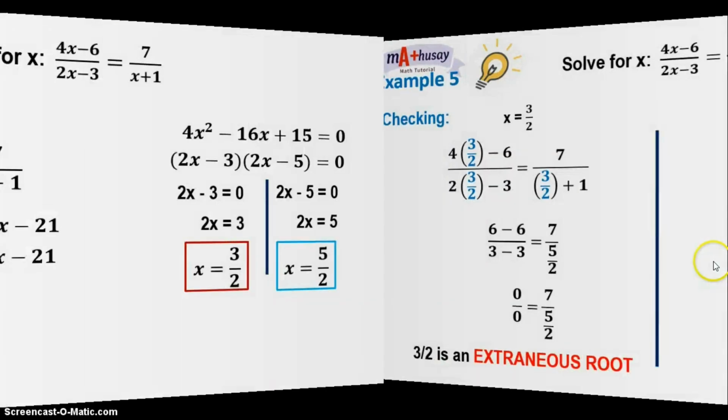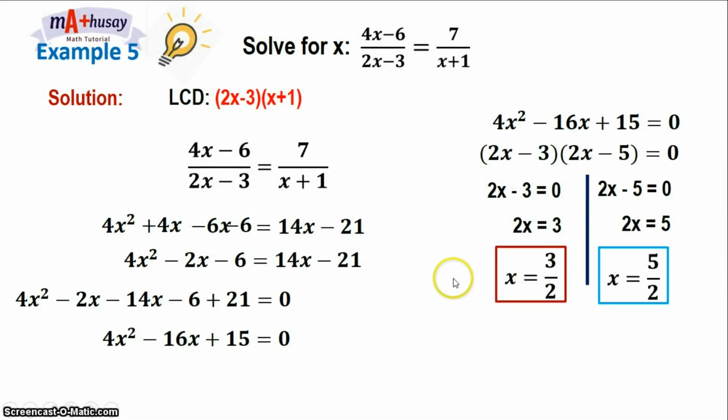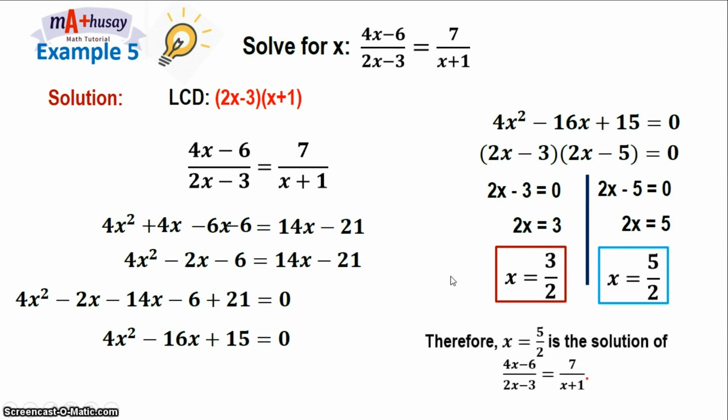So, going back to our problem kanina, ang solution ng rational equation na 4x minus 6 all over 2x minus 3 equals 7 over x plus 1 ay x equals 5 over 2 lamang. Kasi ito lang yung nag-satisfy.